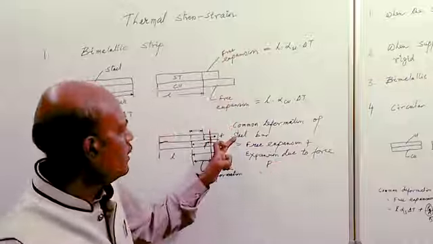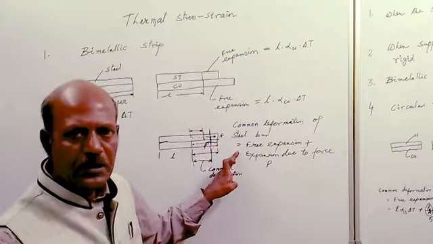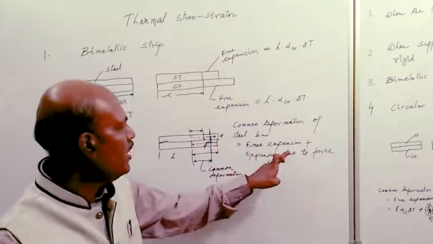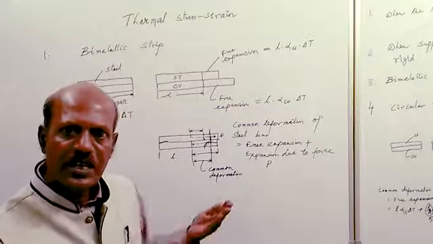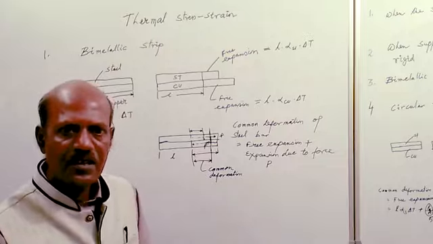So the common deformation for the steel bar will be the sum of free expansion plus expansion due to force P, because force P is the tensile force acting on the steel bar.